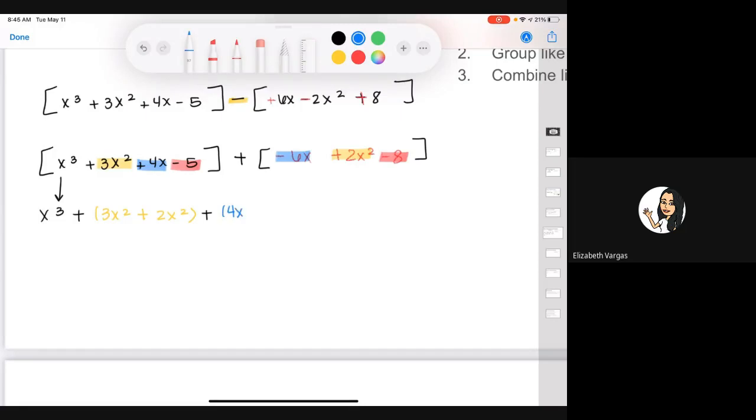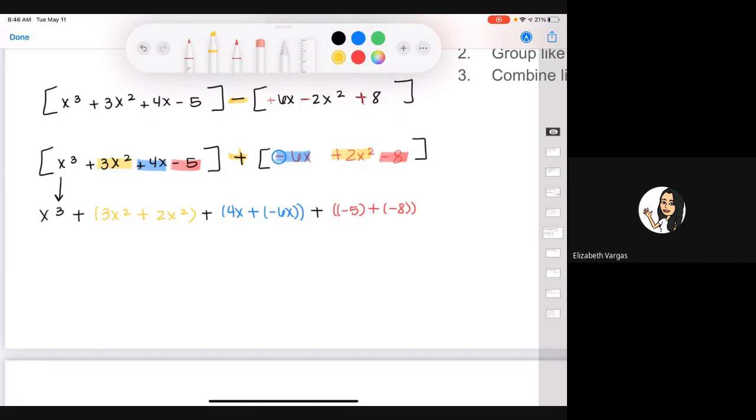So 4x plus negative 6x, right, because there's a negative in front of it, and I want to make sure I include that. Plus, now my whole numbers, negative 5 plus negative 8. Okay, so there I've grouped all my different like terms into an addition expression. So I'm obviously adding these together now, because that's what this symbol tells me to do.